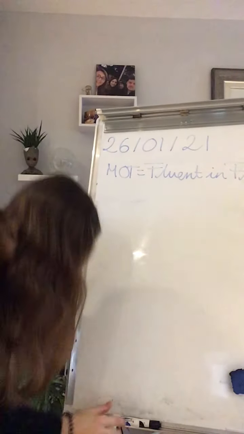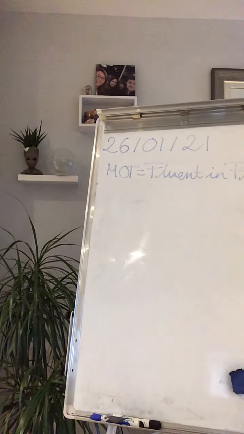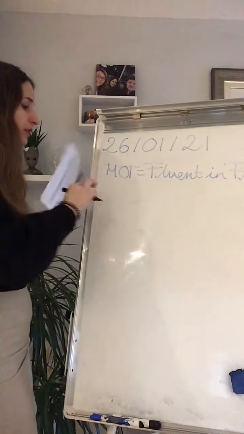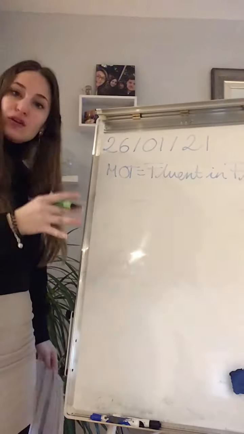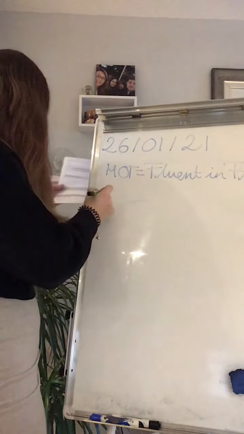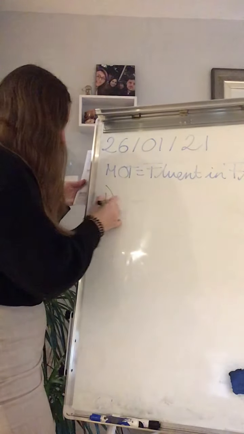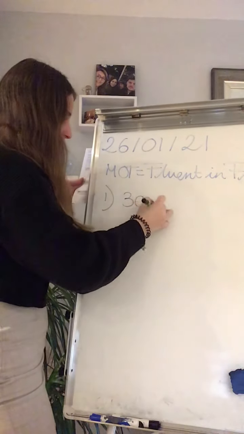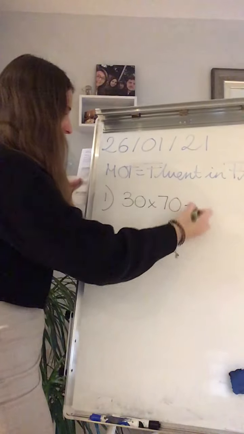Let's see what we have. Remember, in these 5 exercises, I'm going to tell you the ones I want you to do mentally, and the ones where I think you need to show me the workout, okay? Your first exercise is 30 times 70.